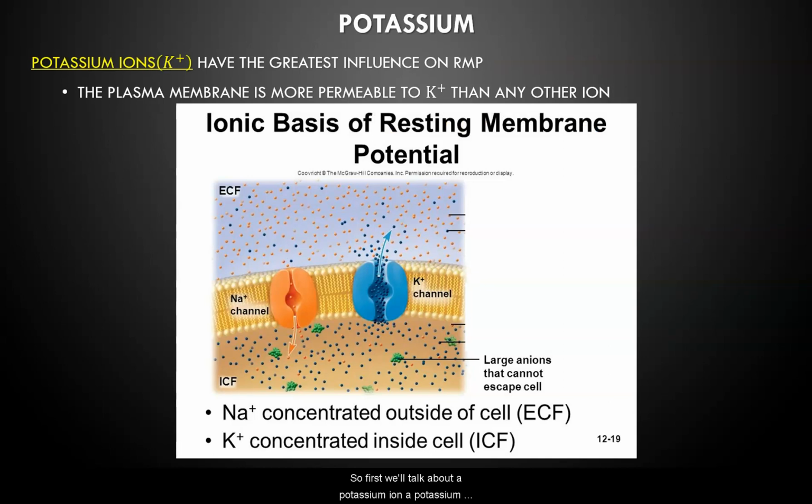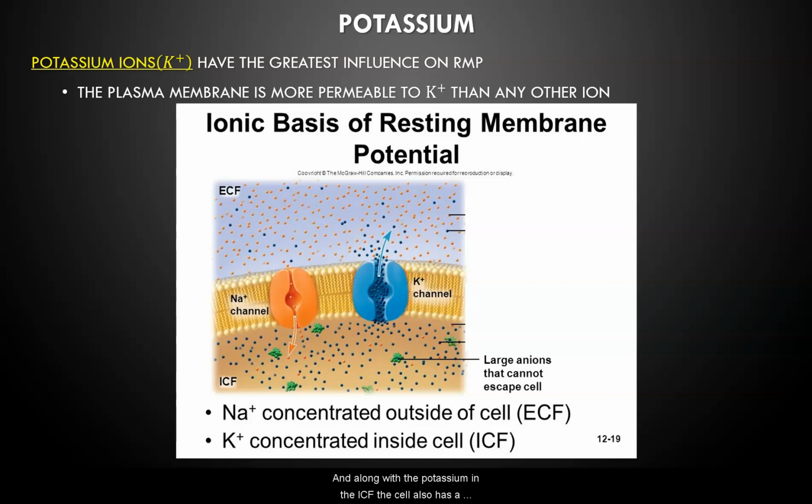So first, we'll talk about a potassium ion. A potassium cation, remember, is positively charged. They have the greatest influence on the resting membrane potential. So the plasma membrane is more permeable to potassium than any other ion. So I want you to imagine a scenario where a cell has all of the potassium in its intracellular fluid inside the cell.